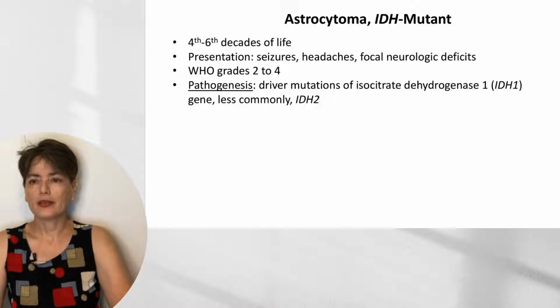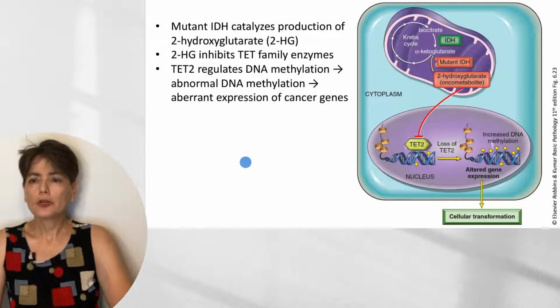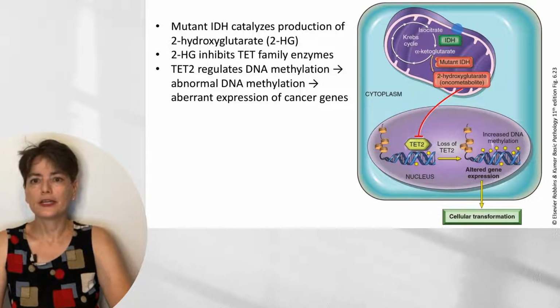Now, you may be thinking, where have I seen isocitrate dehydrogenase 1 before? That took place in the neoplasia chapter of Robbins, and I'm going to review that for you now. So as you'll recall, in your citric acid cycle, isocitrate dehydrogenase plays a role here in this pathway. But when we have this particular mutation, we're going to generate an oncometabolite called 2-hydroxyglutarate, or 2-HG.